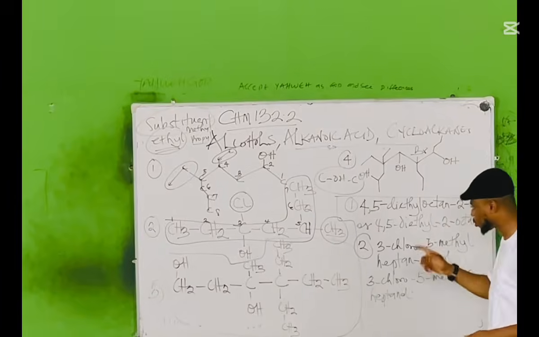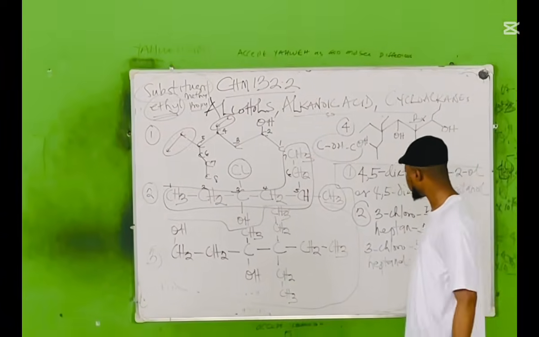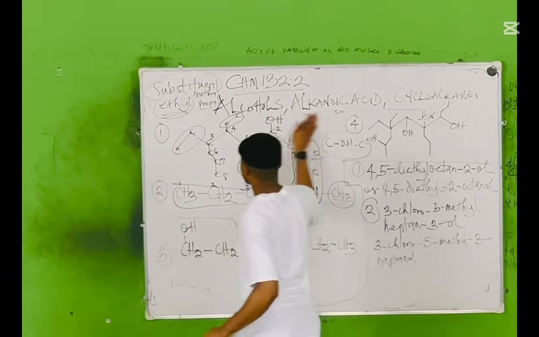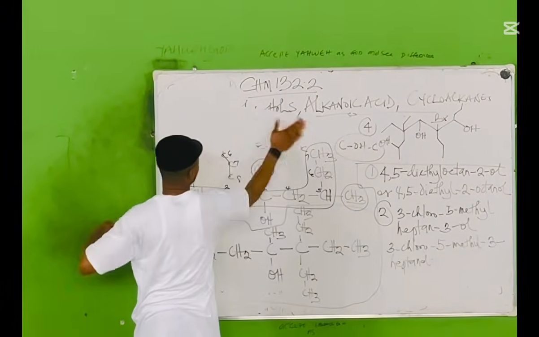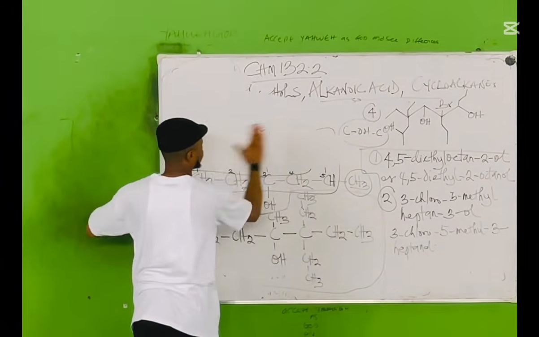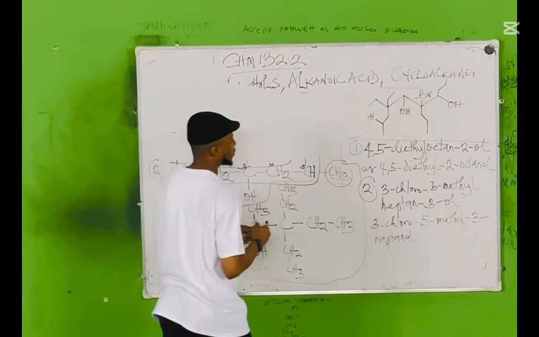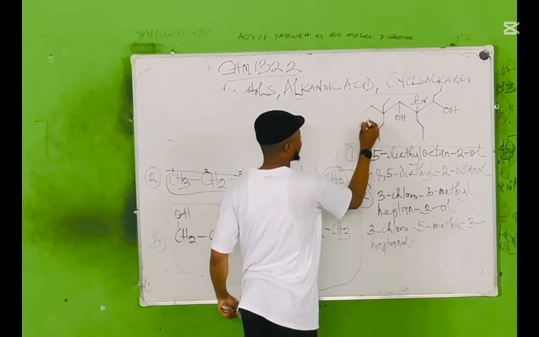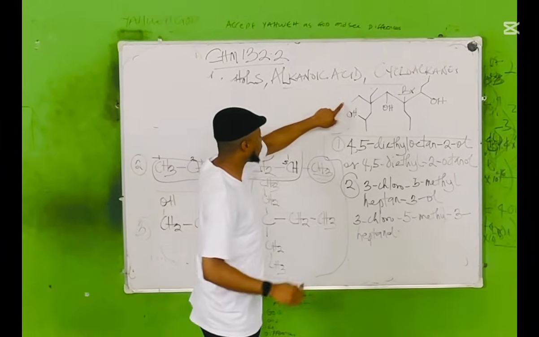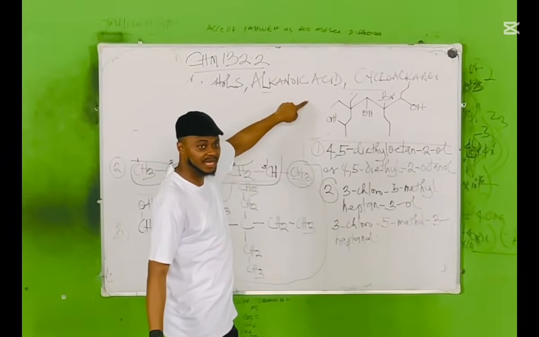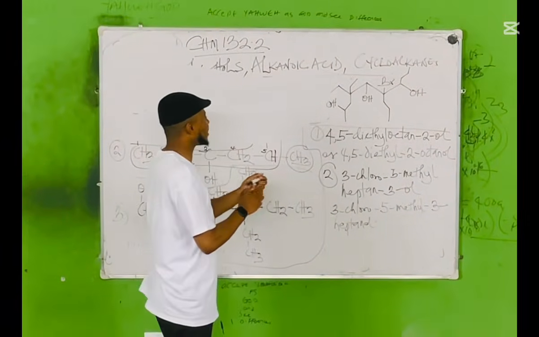Now let us look at the third structure, guys. Okay, so we have OH here, right? Is there anything I need here? No. Alright, so this is exactly how it is.